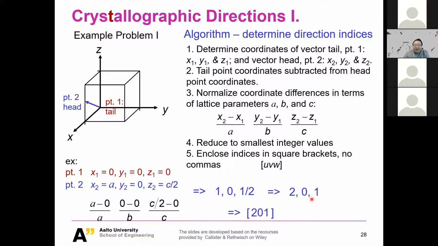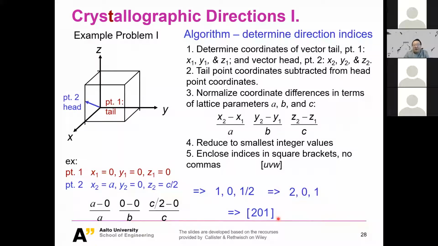The final step is we write it without the commas and in square brackets, and this is called [201]. To describe this direction, instead of a complex vector or matrix, we simplify it into [201]. So this is the direction [201].